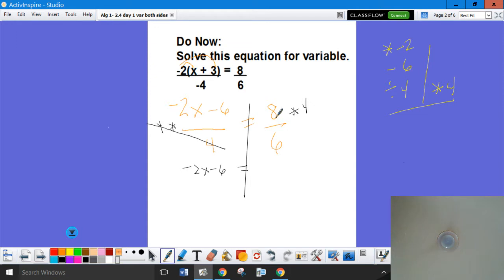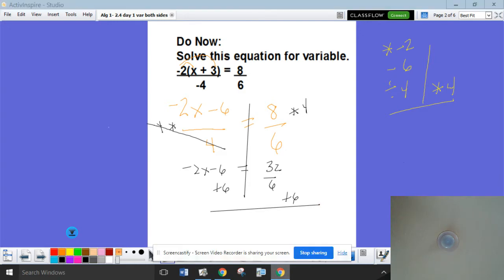Now, 8 times 4, that's 32. 32 over 6, that does simplify. But I'm not super worried about that at the moment. Let's go ahead and keep going. And we're probably going to have to make use of our calculator a little bit to help us. So adding 6. Let's go ahead and switch to our calculator.